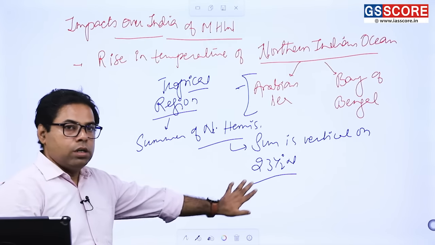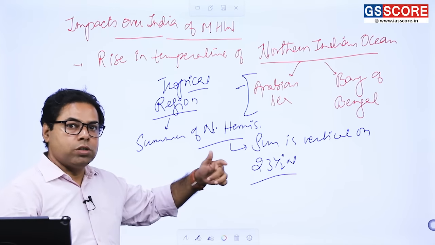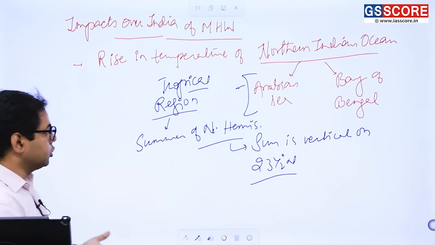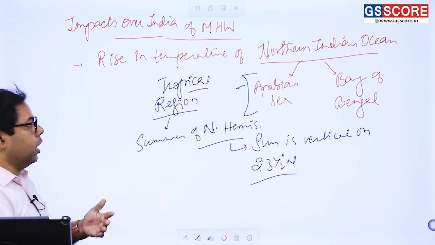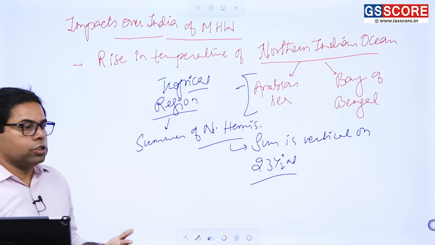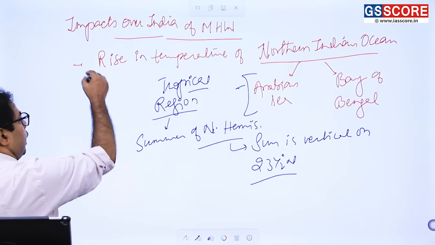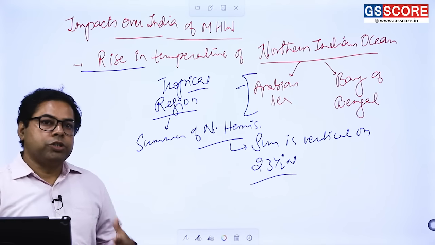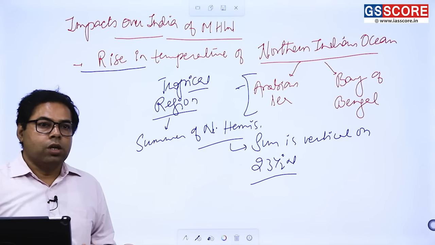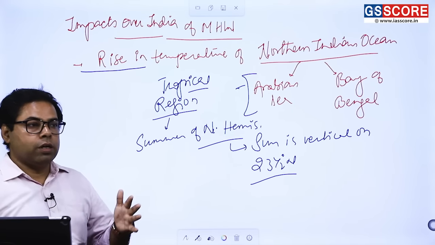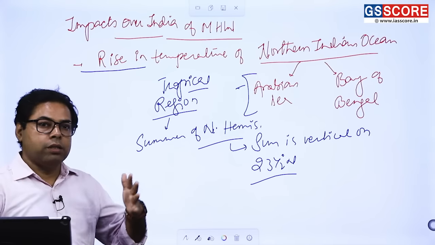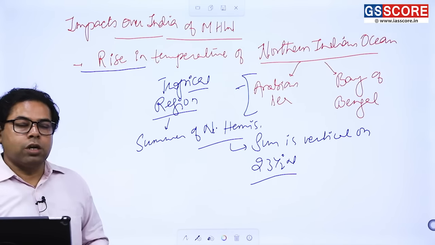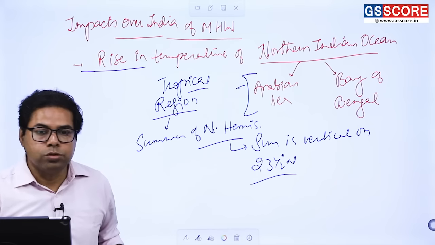So the intensity or rate of heating of the ocean water will be relatively faster. When the temperature of the ocean is rising, the pressure shall be reduced. This reduced pressure has an adverse impact on the monsoon.